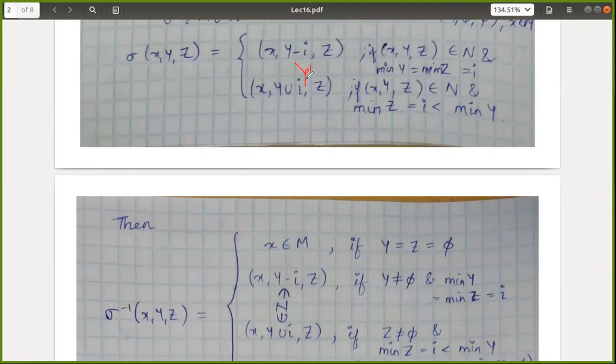So here once you have taken your I out from this set, the minimum of this set now is bigger than minimum of this set. Correct? And with such a scenario, clearly when the minimum is different, then Z is automatically non-empty. So for non-empty Z, the definition of the inverse says that if their mins are different and Z is non-empty, you put I back in your Y.